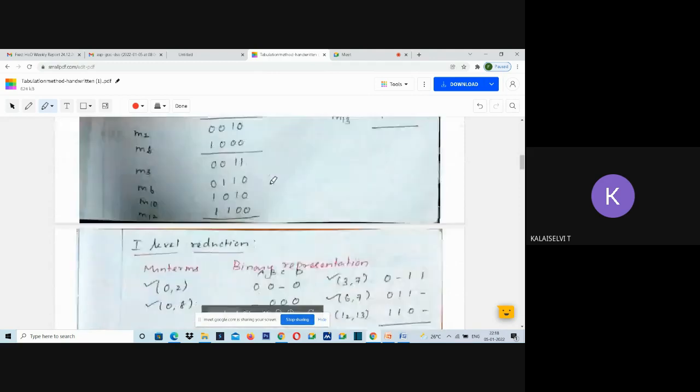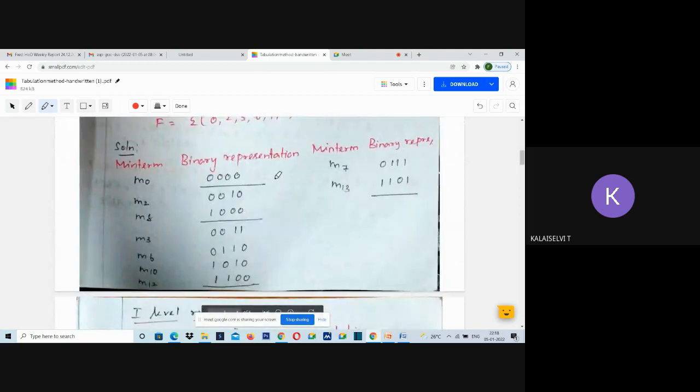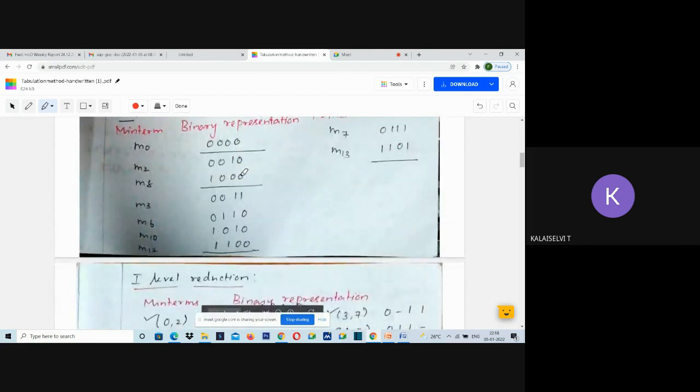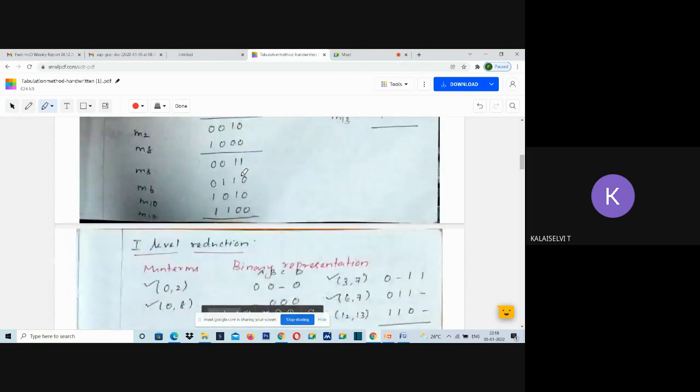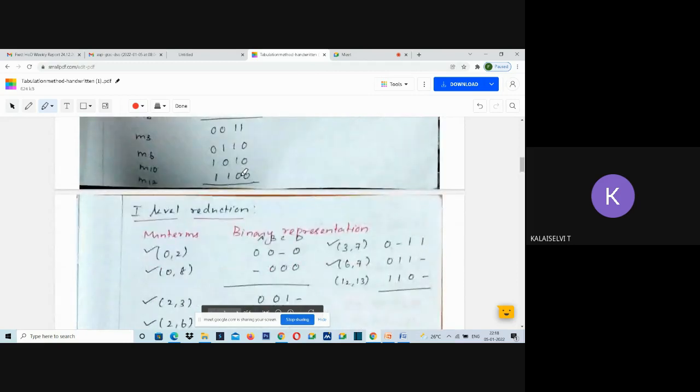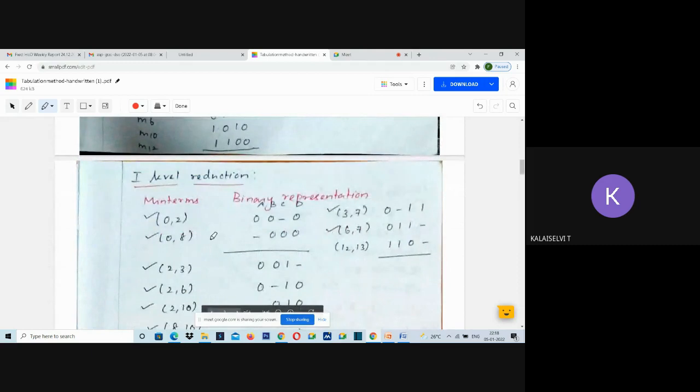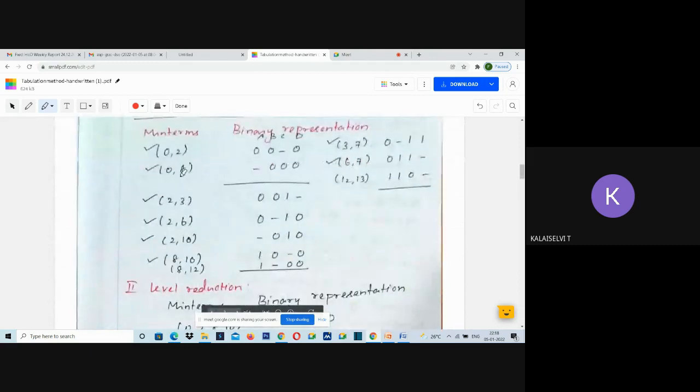In the first level reduction, we have to compare the adjacent groups. Group 0 is compared with group 1. In what way do we compare? There should be a difference in only 1-bit position. So here 0,2 are grouped, and then 0,8 are grouped, and next, for the adjacent groups, 2,3 are grouped, 2,6, 2,10, 8,10, 8,12.